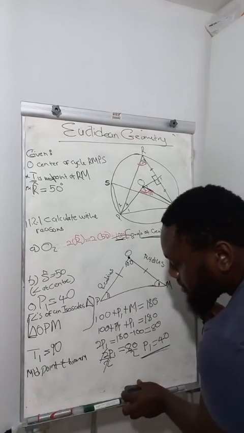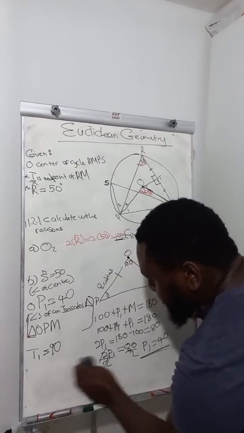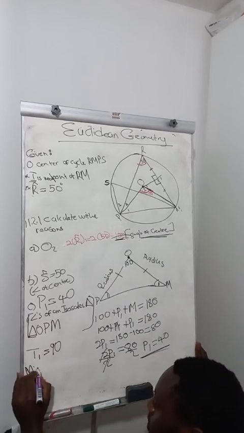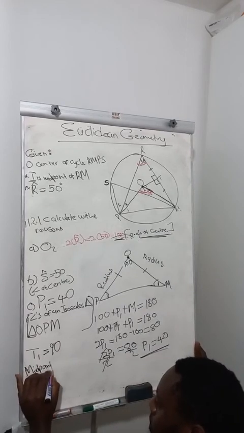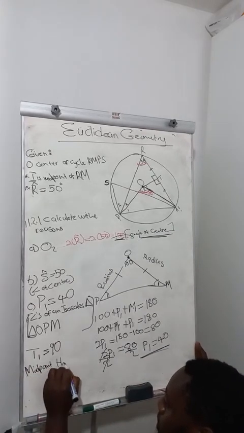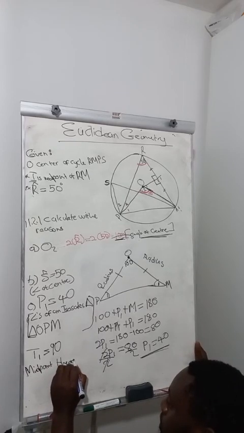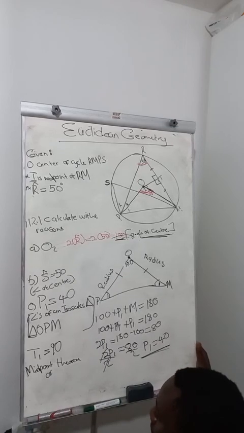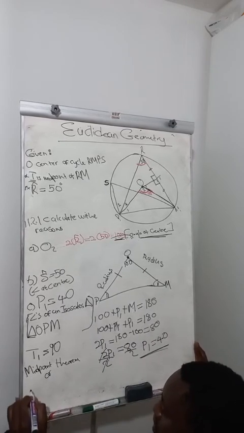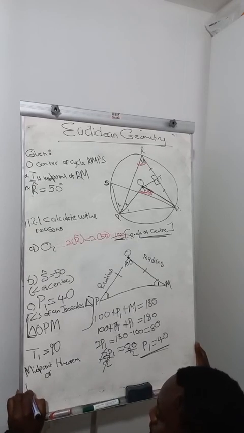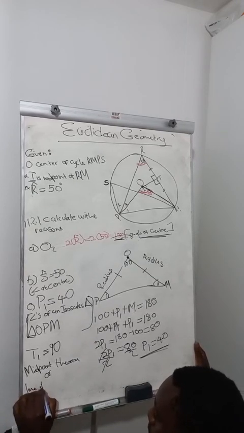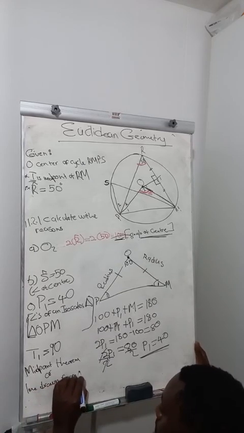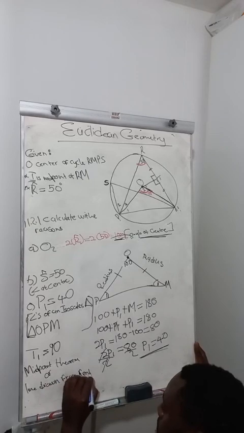My handwriting is bad here. You say midpoint theorem, or you can say a line drawn from center to the chord bisects the chord.